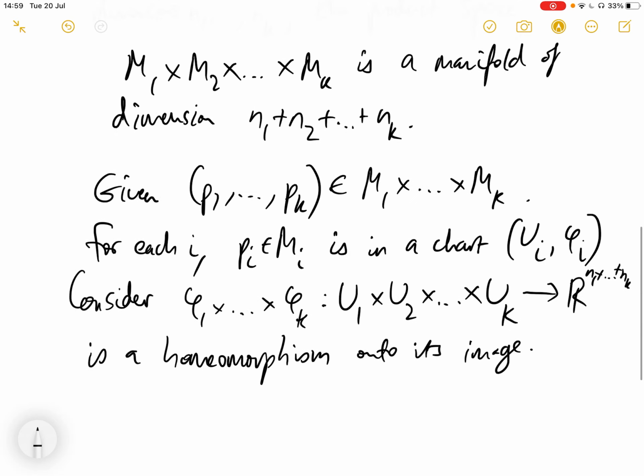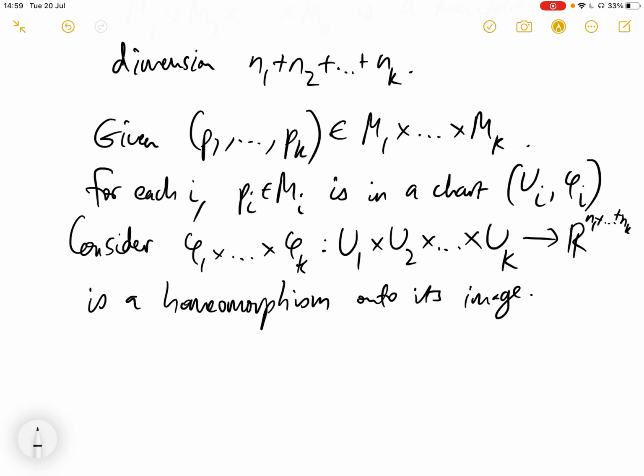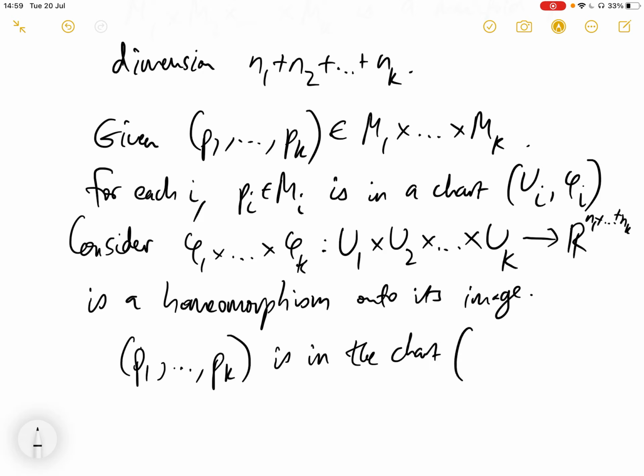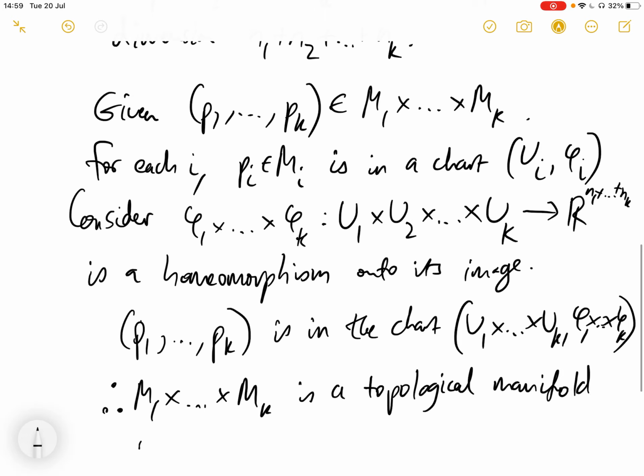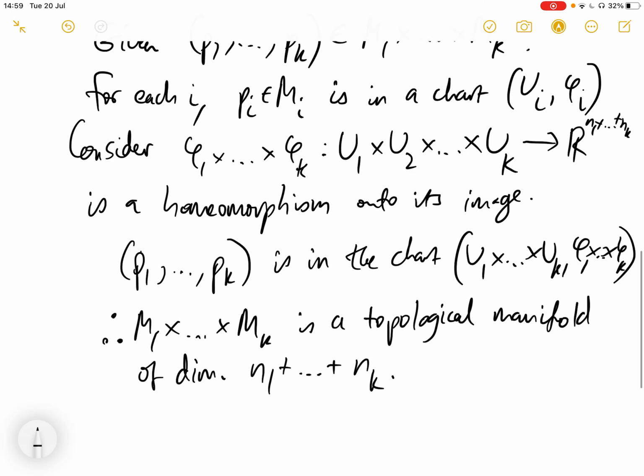And therefore, we do have that each point p1 up to pk is in the domain of a chart. So this point is in the chart (U1 up to Uk, phi1 up to phi k), and therefore it is locally Euclidean. So therefore we can say that M1 up to Mk is a topological manifold of dimension n1 plus n2 all the way up to nk.